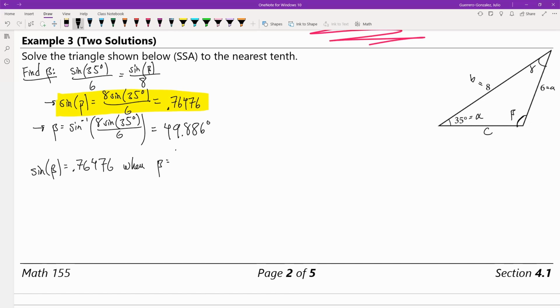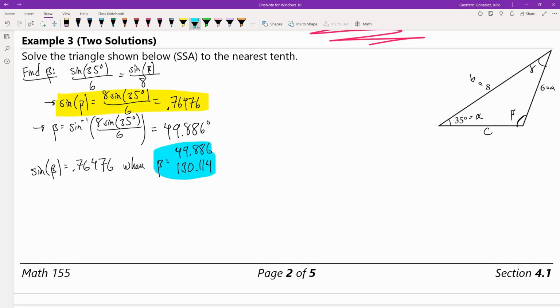We found one of them, 49.886, or the other one is going to be, let me compute that, 130.114.